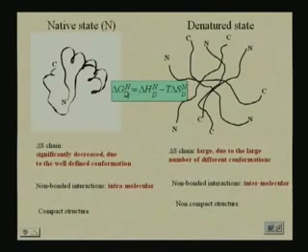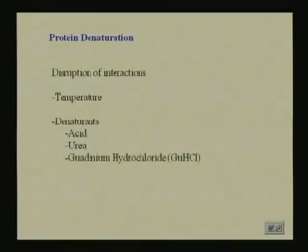All of these contribute to the delta G of folding, which is going to be a small but negative quantity because we are going to have spontaneous folding from the denatured state to the native state.